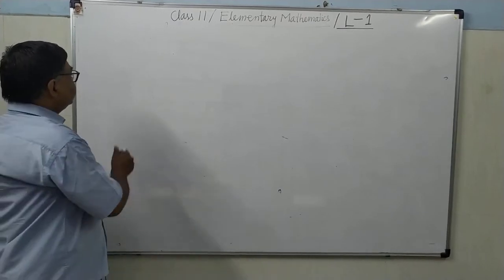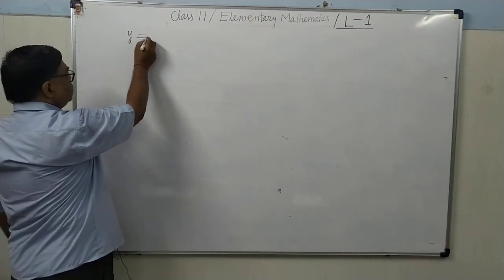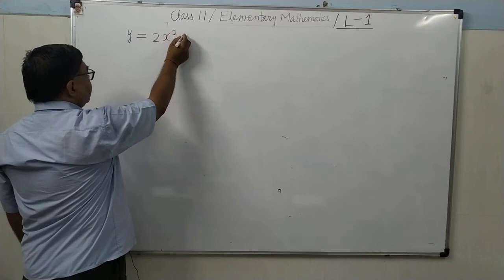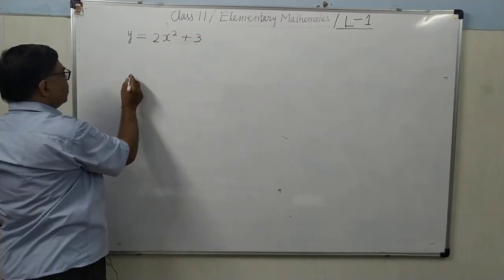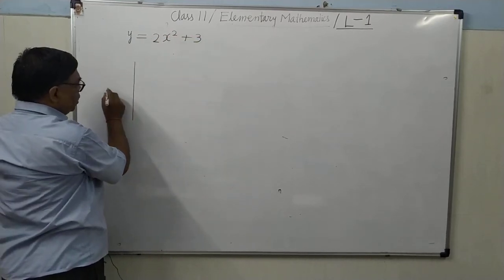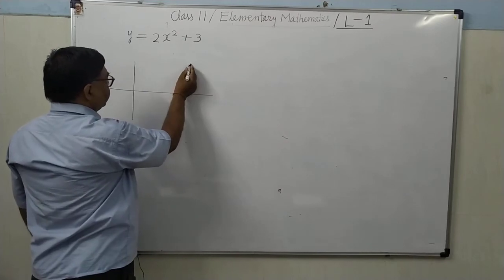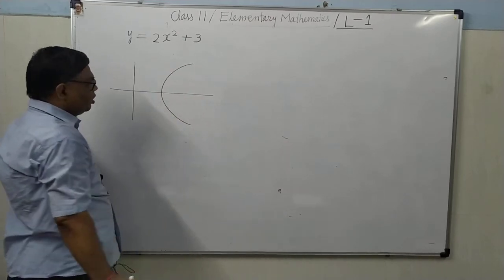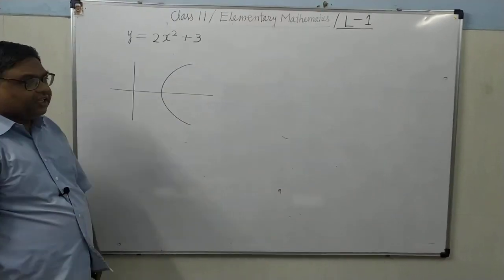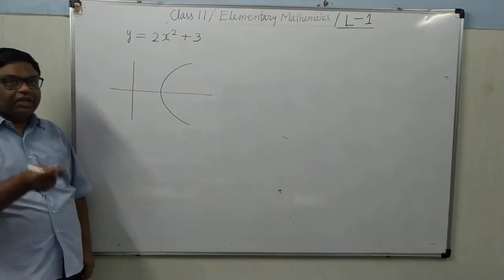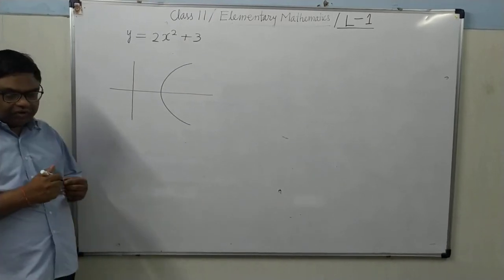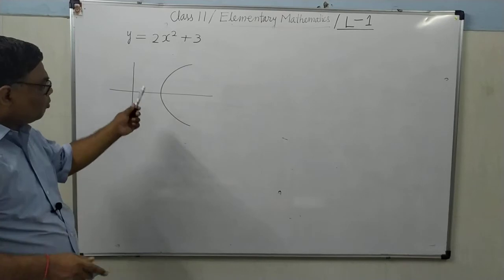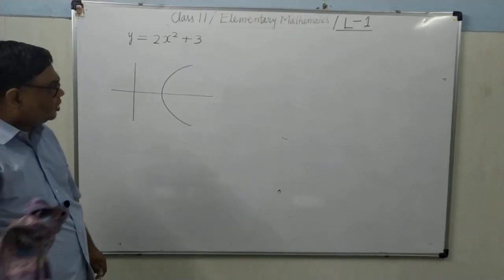It's clear? The equation is like this: y equals 2x square plus 3. The graph may be a parabolic curve. But I will not take any specific curve. I will take some arbitrary curve. This is a parabolic shape, so that you will study afterwards.